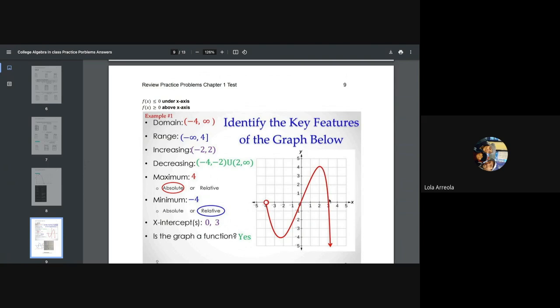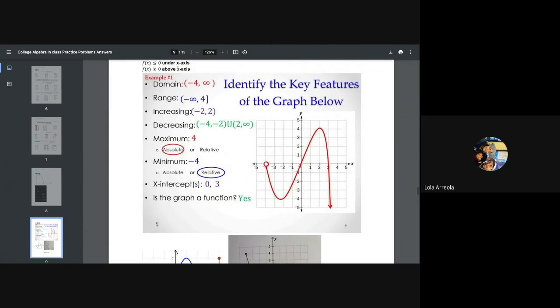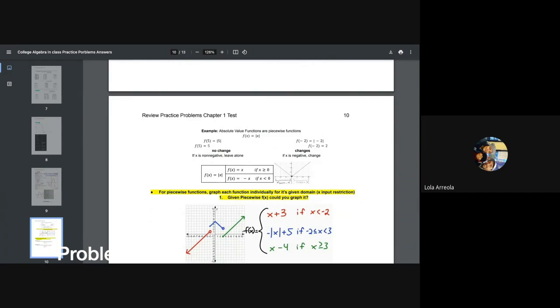Only at this part, which is from 0 to 3. There's only one question like that, but it's just saying, when is my graph above the x-axis? When is my graph under the x-axis? And I would still write it like increase and decrease. I'm looking at my x, but I'm just analyzing the output. Finally, piecewise functions.